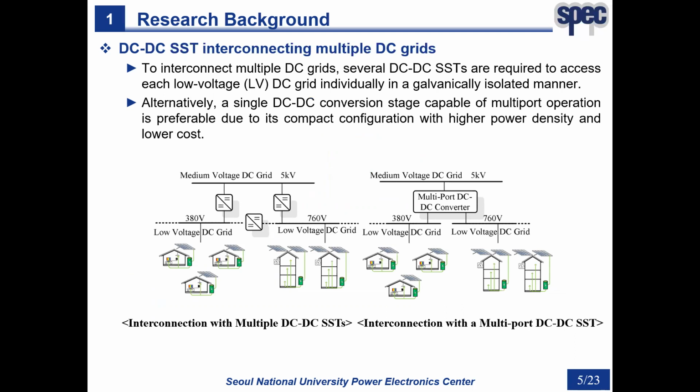To interconnect such multiple DC grids, several DC-DC SSTs are required to access each LVDC grid individually in a galvanic isolated manner. Alternatively, a single DC-DC conversion stage capable of multi-port operation is preferable due to its compact configuration with higher power density and lower cost.